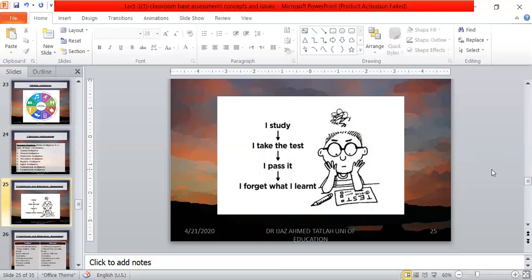The test, you know, we study, take a test, pass it, and we forget that. Why do we forget what we have learned? That is the result of different unavailabilities in the learning.